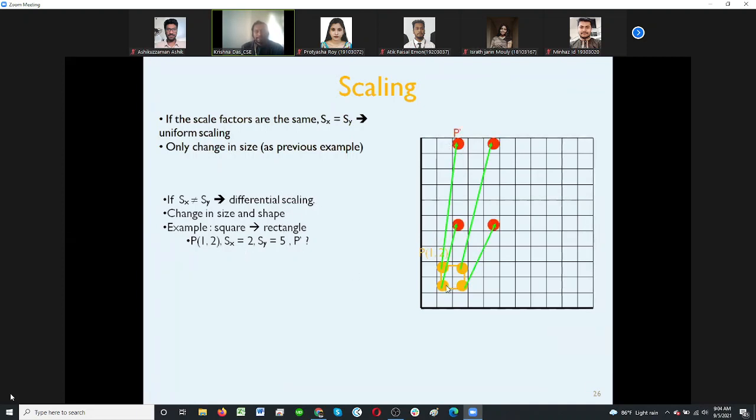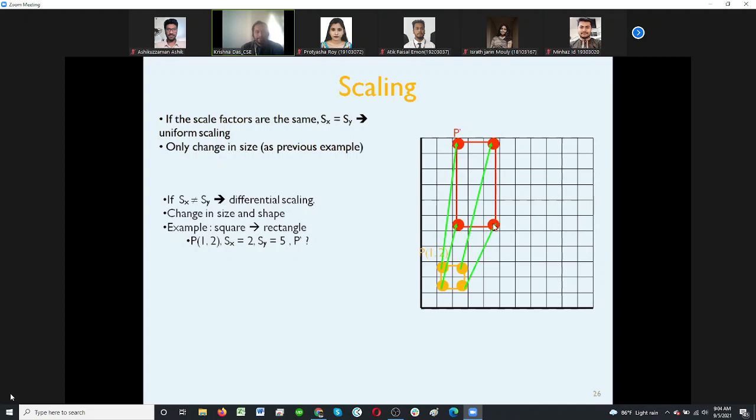If I apply the same value to the other points, you can see that they go to new positions. It was a square at the beginning, but look at the object we get now: it is not a square anymore.